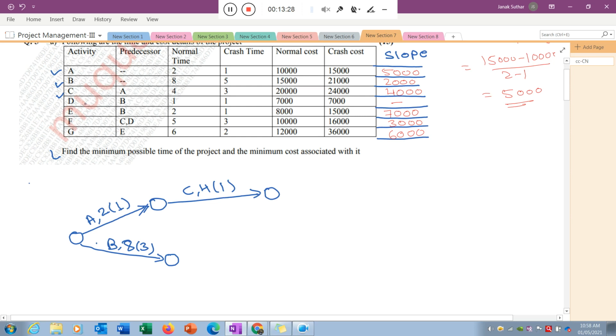But now just see, does D play as a predecessor for any other activity? Yes, it is a predecessor for activity F. So try to meet the end point of C and D at one particular node. There we can start activity F.